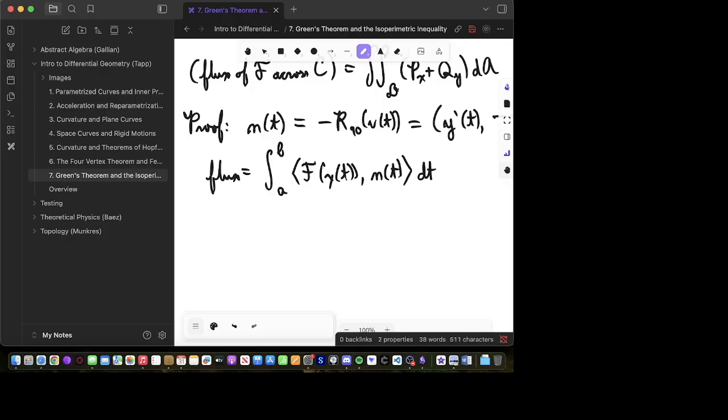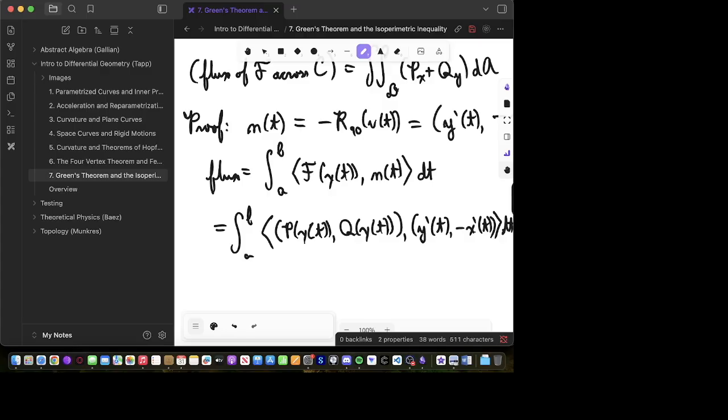And if we expand, that is going to be equal to p of gamma of t, q of gamma of t, and then y prime of t, negative x prime of t, dt.